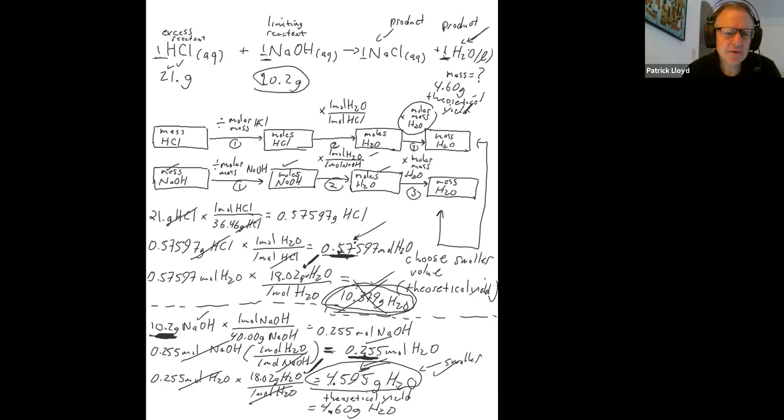All right, let me take a look here and see if there's enough time. Okay, not enough time to go through that. So I'll tell you what, tomorrow we'll start with the theoretical yield calculation. That's the last one for this section and the last one for the chapter.